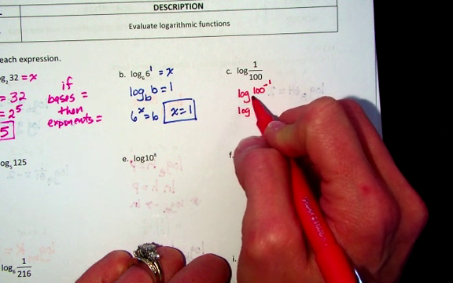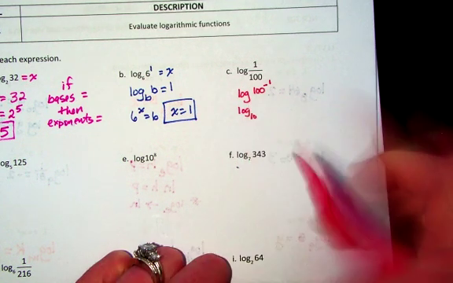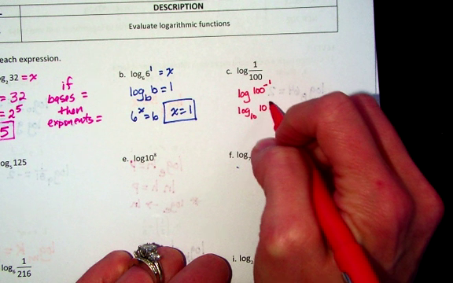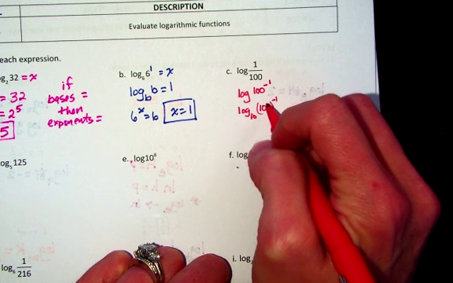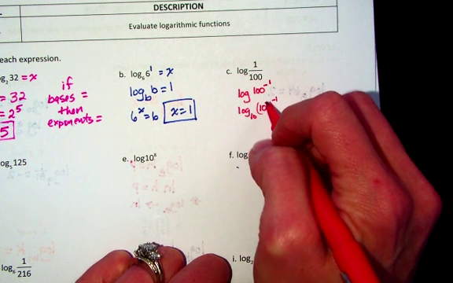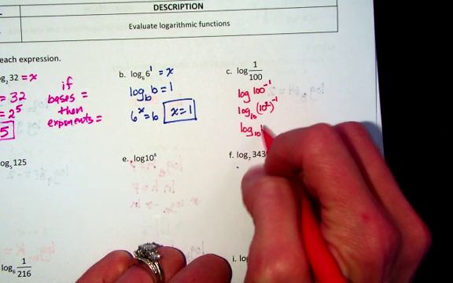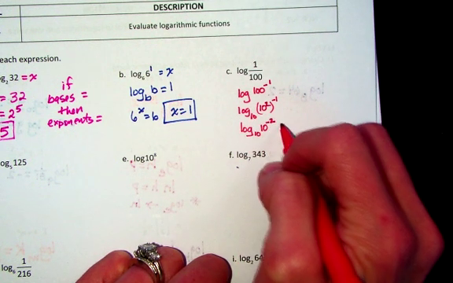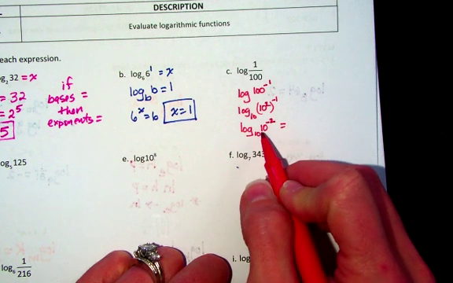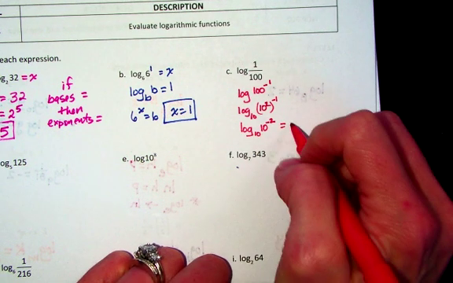If there's no base, the base is 10, and 100 is 10 to what power? 10 squared. Good. So this is the same thing as log base 10 of 10 to the negative 2. And when these two match, what's the answer? It's the exponent. Yeah, makes sense. So it's going to be negative 2.